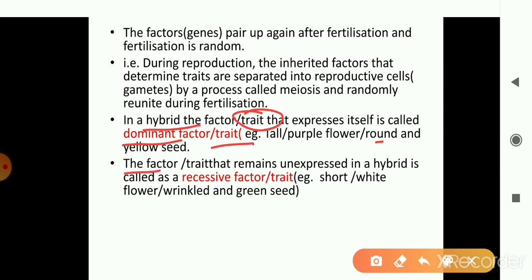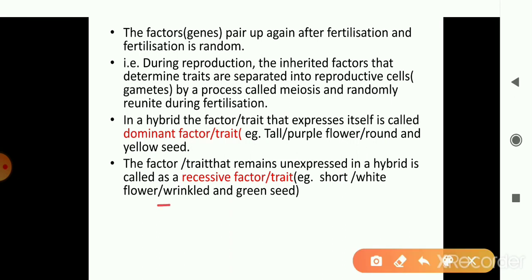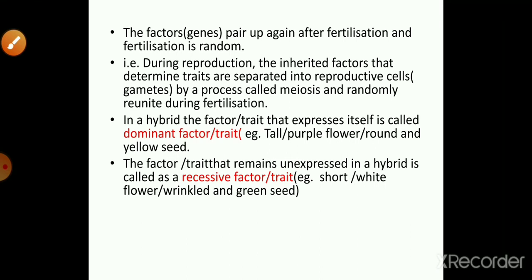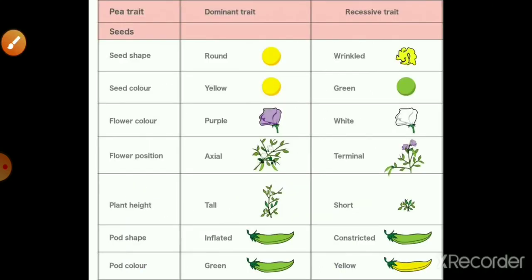Whereas the factor which remains unexpressed in a hybrid is called a recessive factor, and the trait that remains unexpressed in the F1 generation is called a recessive trait. So these were the conclusions made by Mendel.